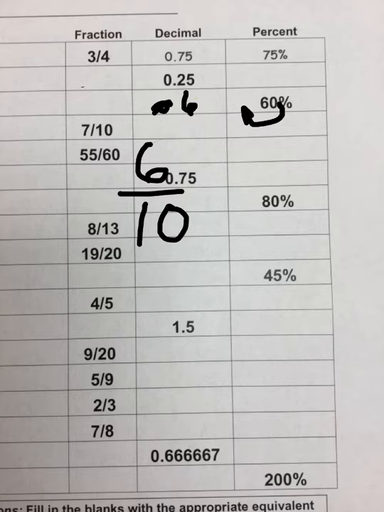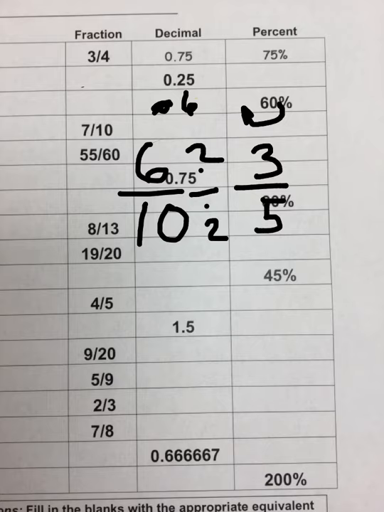So they're even, so I know that I can divide by 2. 6 divided by 2 is 3, and 10 divided by 2 is 5. So my answer is going to be 3/5.